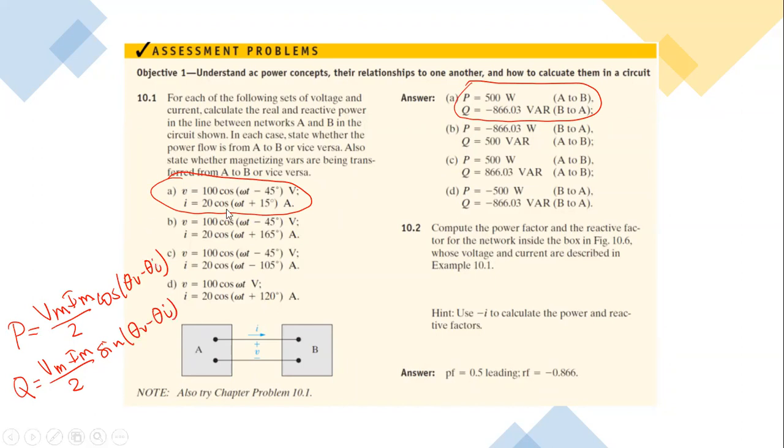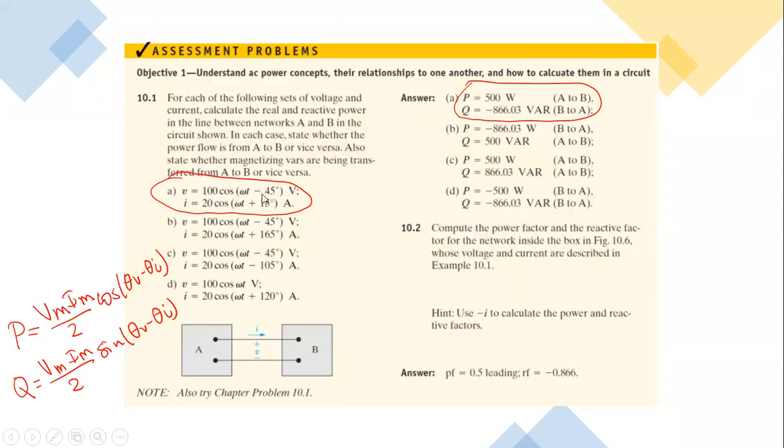So let's double check. We need to make sure that both of them are given in cosine function, and I see that all variables are given in standard form. So what you need to do is multiply 100 by 20 over 2, which will be 1000.